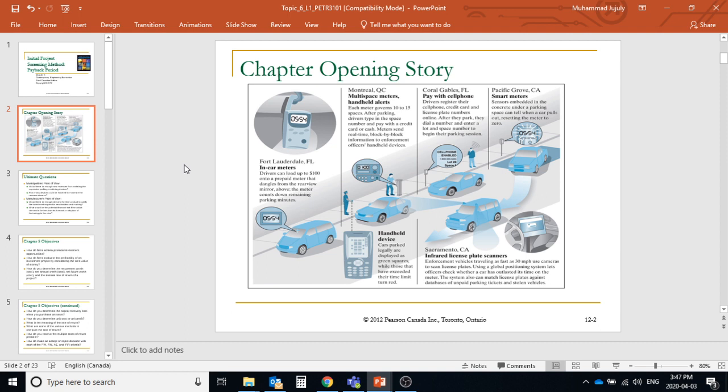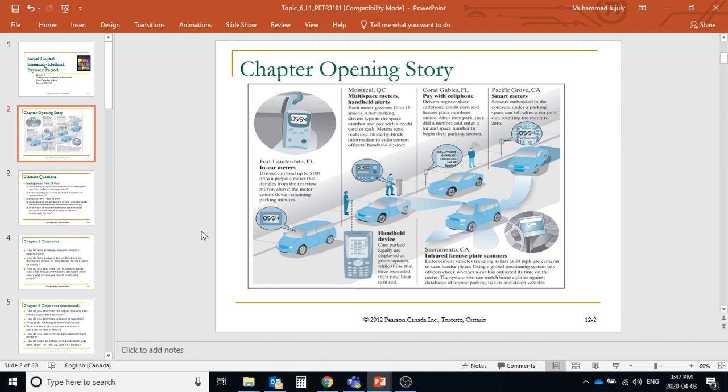So what modes or options do we have, and from all these options, which should we choose? For instance, we could have in-car meters, or multiple handheld alerts, or pay-by-cell-phone smart meters, or a license plate scanner. So there are multiple types of different modes.